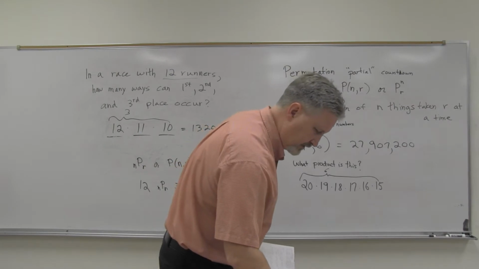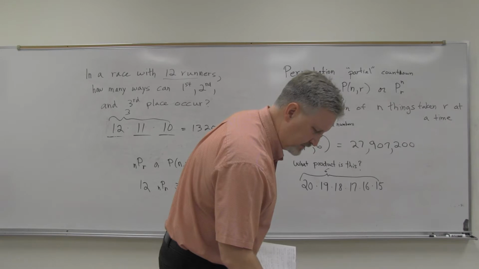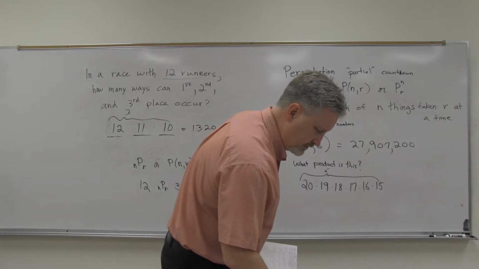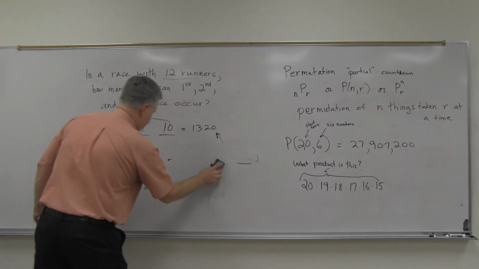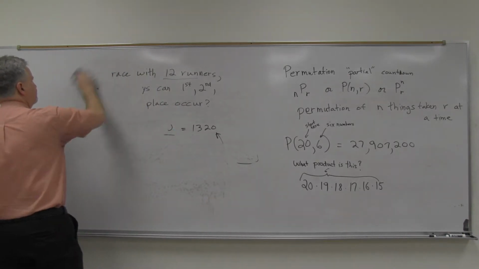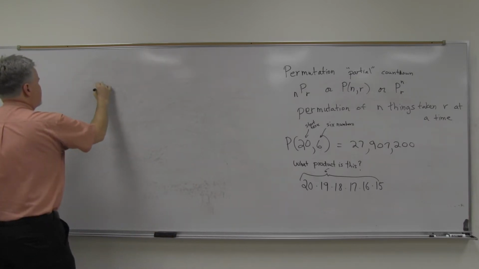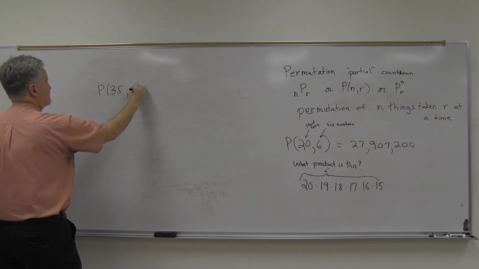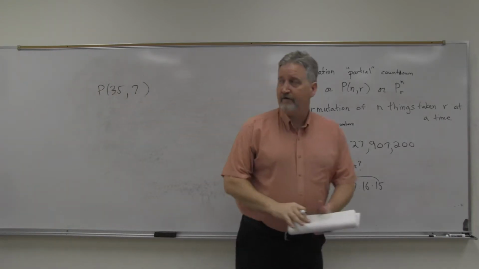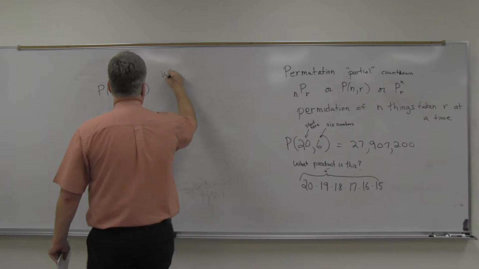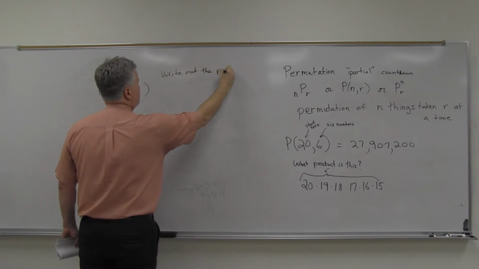Now, let me do one more, I think. I think it'll do what I want it to do. Yeah. All right, let's do one more of those just because here's what else can happen. All right, so let's say we do P(35,7). So let's write out the product and then evaluate.